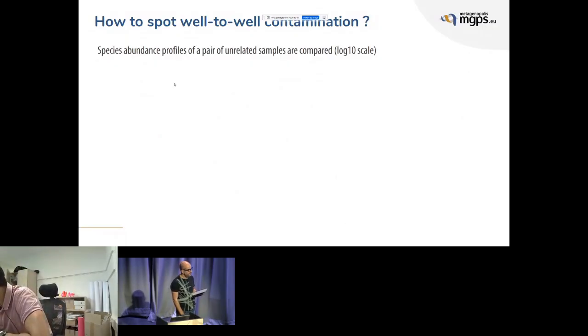CroCoDeEL can detect contaminated samples when there are multiple sources. From the best I know, it can work with 2 or maybe 3 different contamination sources, but when you have tens of them, it won't work properly because the method works if contamination introduces specific species in your contaminated samples. So if you have many contamination sources, the method won't work.